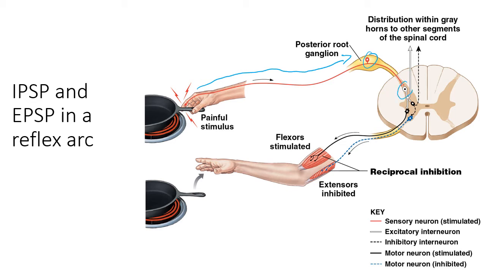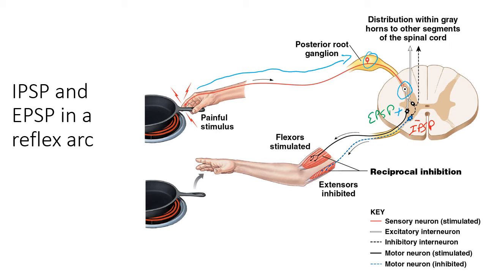It synapses inside the cord on an interneuron. That interneuron then stimulates two separate neurons. It is going to stimulate positively, excitatory, so we're going to get an EPSP in our flexor muscle, but in our extensor muscle, we're going to get an IPSP. So we're going to inhibit that muscle.